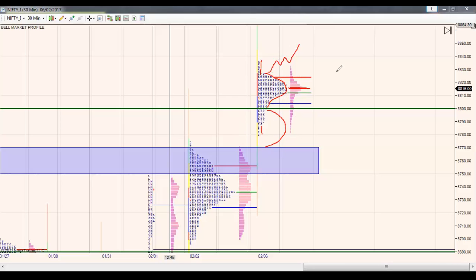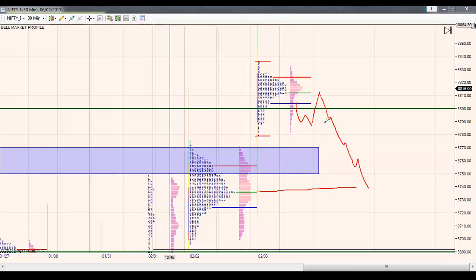So again, potential auction paths, of course, these two levels become crucial. Above this, sellers will give up. Below this, buyers will give up. If we trade below and take this particular level out, or maybe come down, test the point of control, and then move down, then there is every chance that we might test this particular point of control.